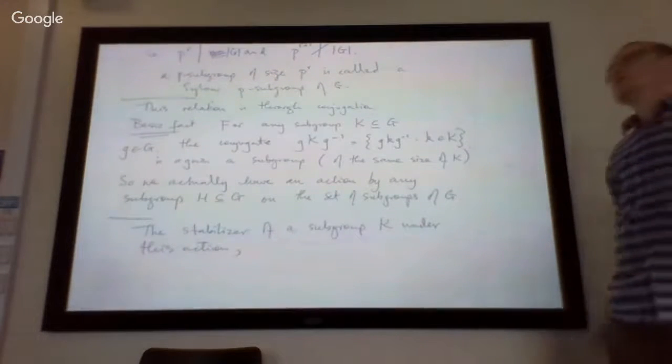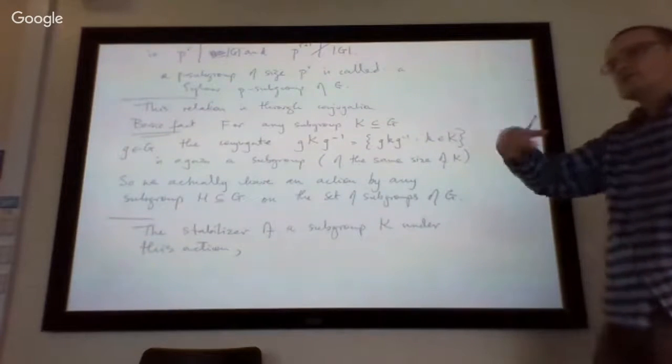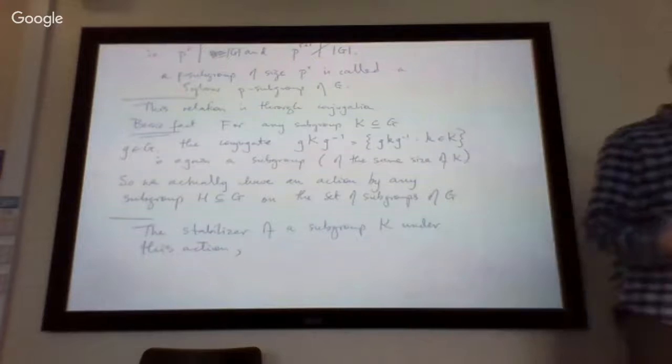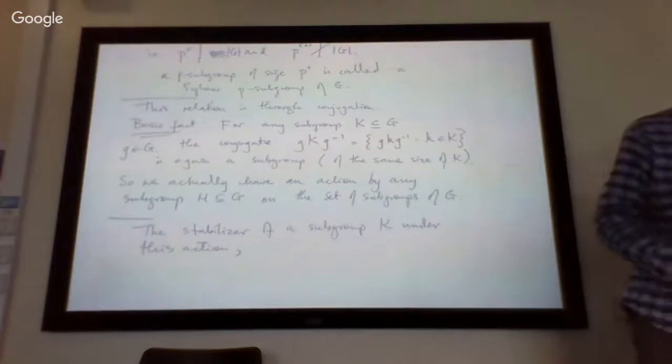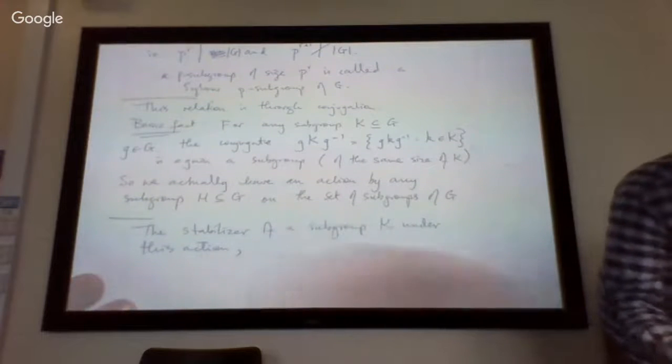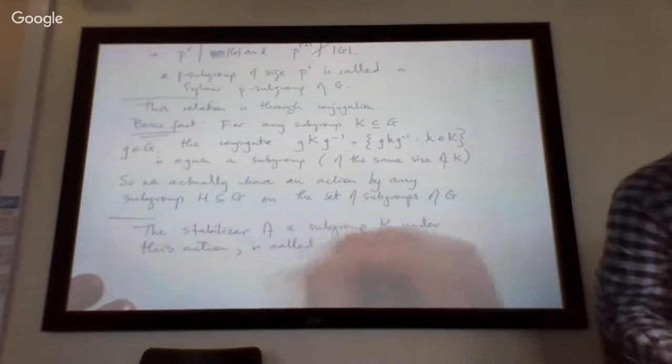And just as before, when we were considering conjugation of the elements, we gave a special name to the stabilizers. They were called the centralizers. Very often when you look at special actions, there's a special name for the stabilizers. So the stabilizer of a subgroup under this action is called its normalizer.